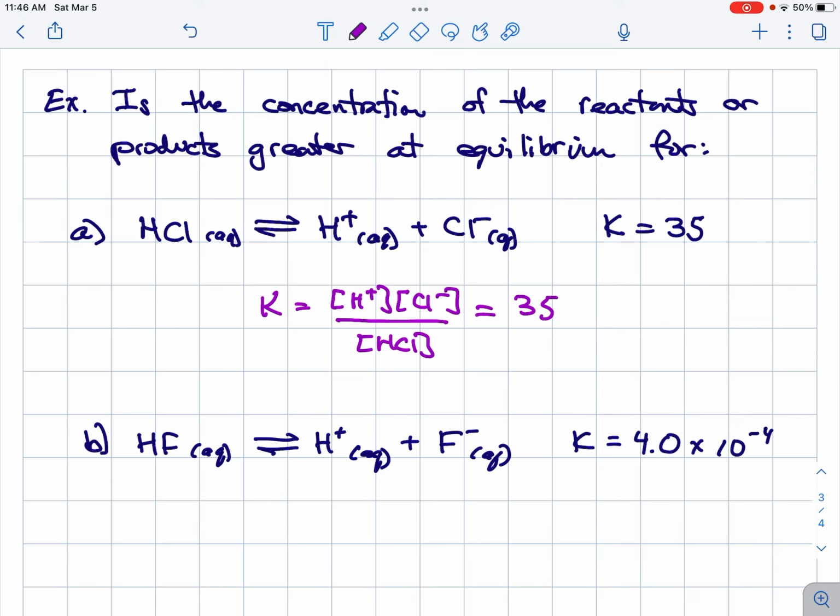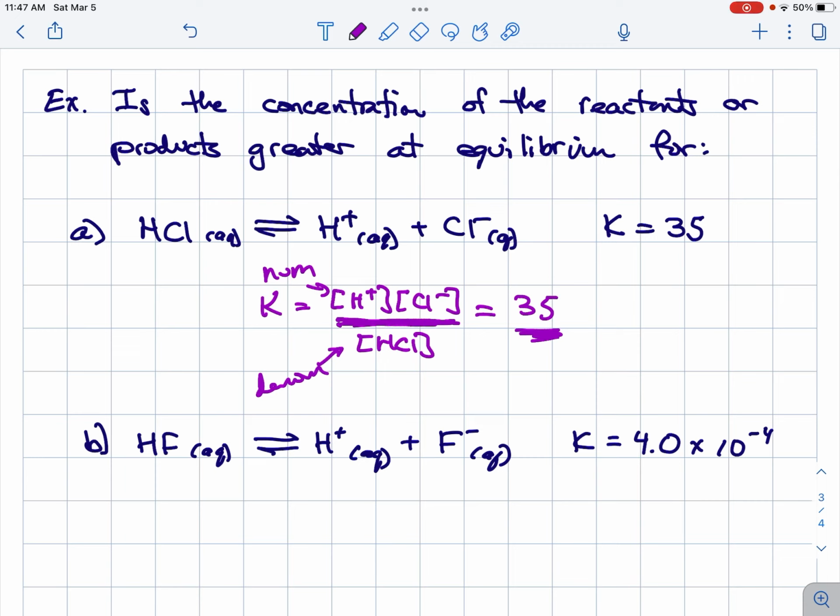The reason is, notice that the equilibrium expression is a fraction, right? So you've got a numerator and you've got a denominator. And if the value is a relatively large number, so pretty much anything greater than 1, your numerator has to be bigger than your denominator.